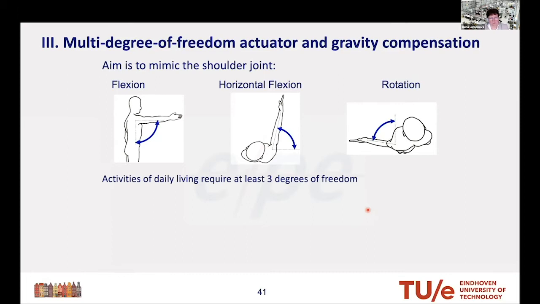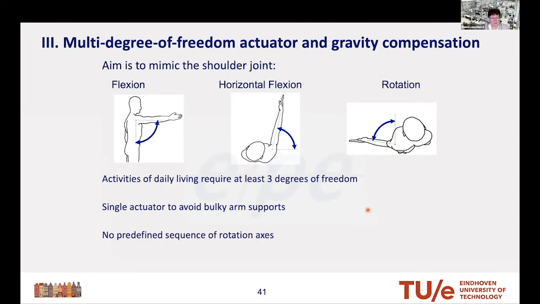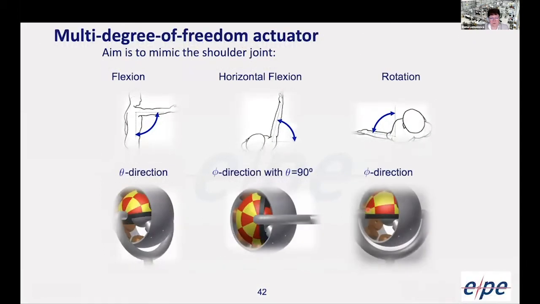Is it possible to make that without stacking the actuators, to improve the activities of daily living with at least 3 degrees of freedom, giving the people a chance to operate with their disabled arms? So we will think about a single actuator to avoid bulky arm supports, no predefined sequences of rotation axes, and most torque required to compensate the weight of the arm.